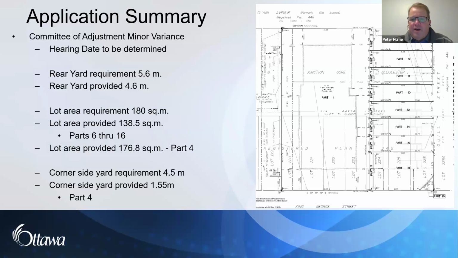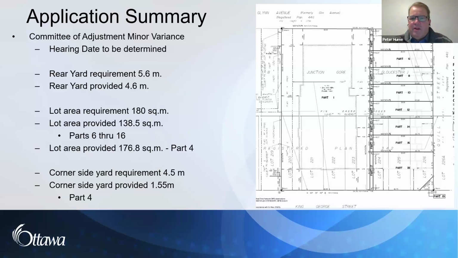Not all of the lots; lots 18 and 17 conform to the zoning bylaw. Part 4 and part 3 at the top, parts 2, 3, and 4 would comprise 176.8 square meters, where you're required to have 180. One of them conforms and the other is very close.